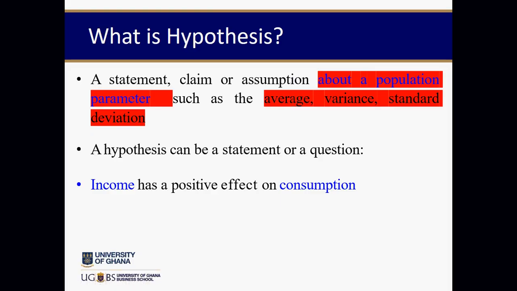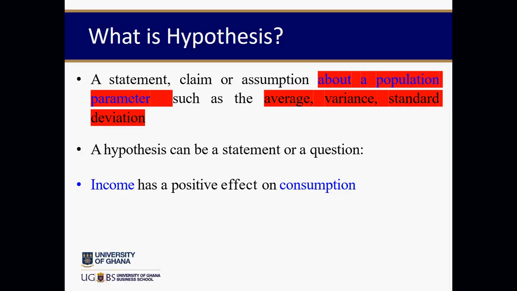Let's say income has a positive effect on consumption. In this study, for example, we are checking whether income really has a positive effect on consumption. So it can be that an increase in income has a positive effect, or a decrease in income.